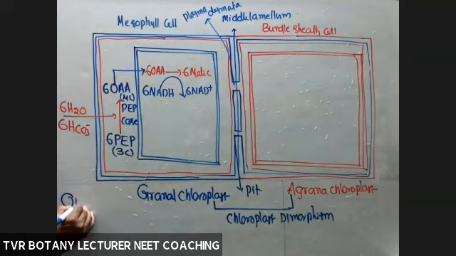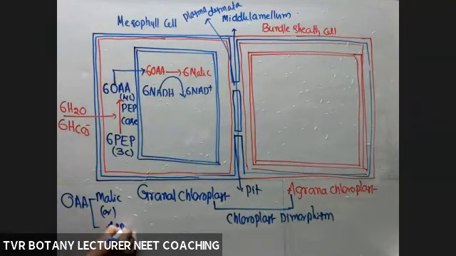What about the fate of oxaloacetic acid? It is either reduced into malic acid, like this reduction, or transaminated into aspartic acid, an amino acid. Either reduced into malic acid or transaminated into aspartic acid.